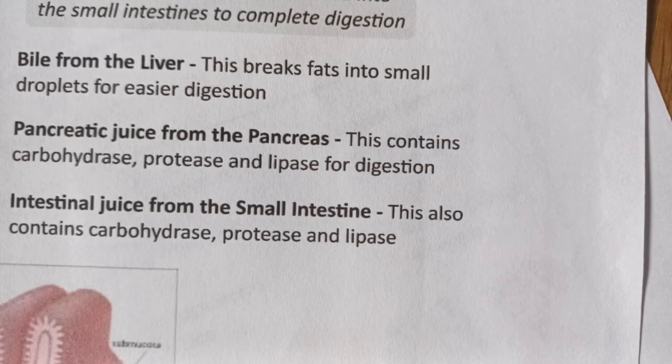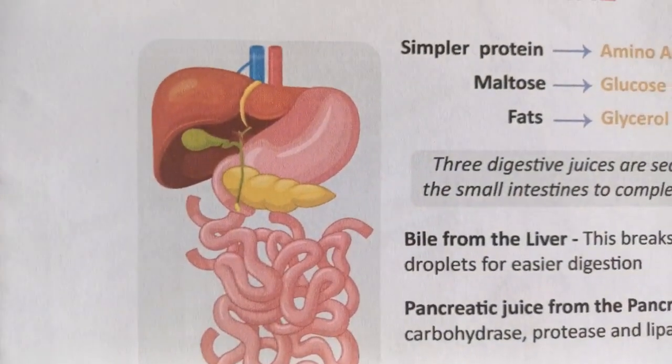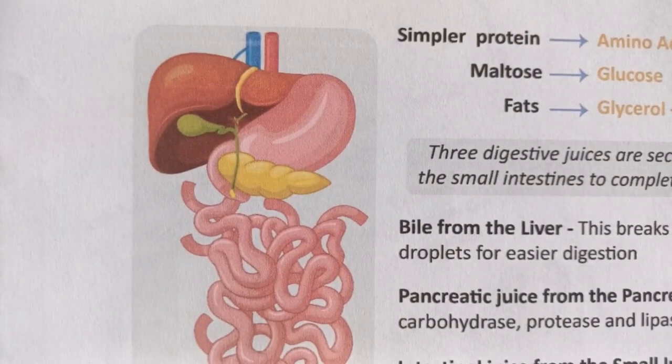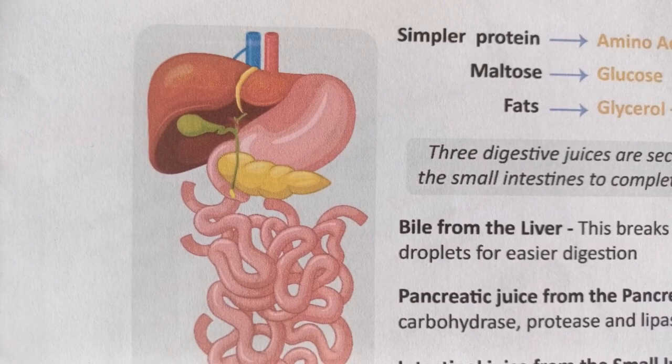So now let us talk a little bit further into this. Food coming from the stomach is acidic, and it needs to be neutralized, because acidic food will not be useful in the small intestine area.